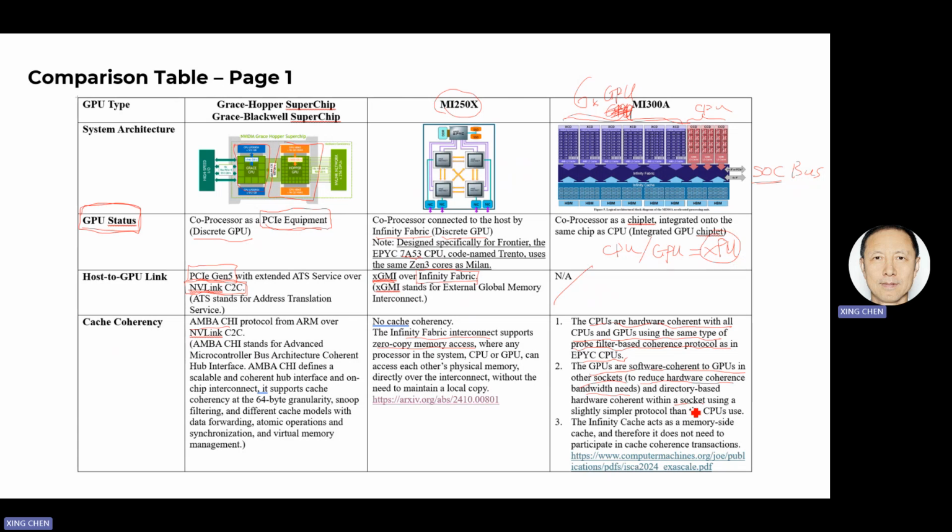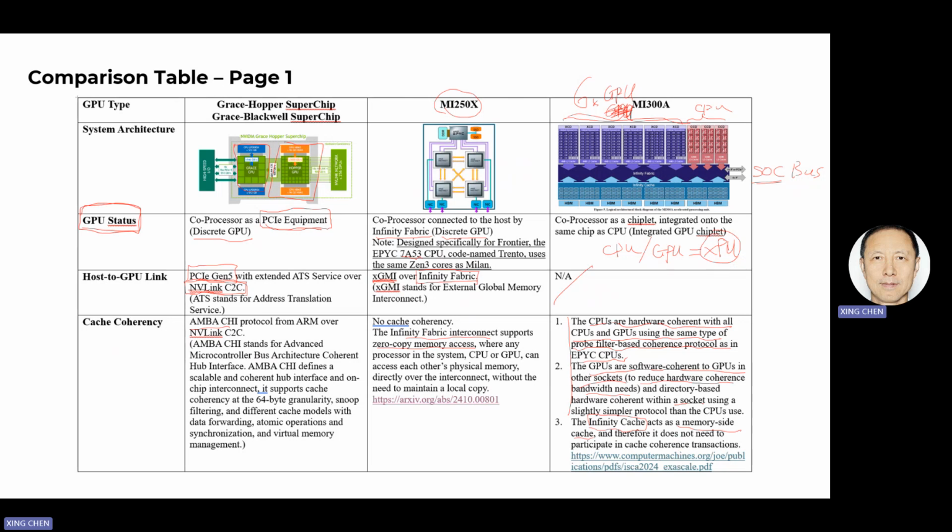Okay, so this is the cache coherency for the processor side cache. And for this MI300A system, there is a specific element, this Infinity Cache, a new component, which is a memory side cache. Because it's a memory side cache, it does not need to participate in the coherence transactions.